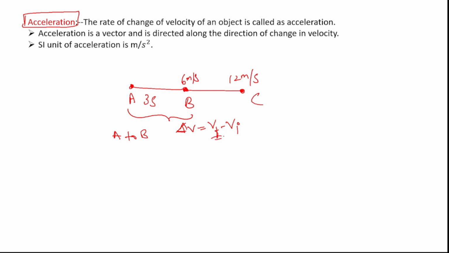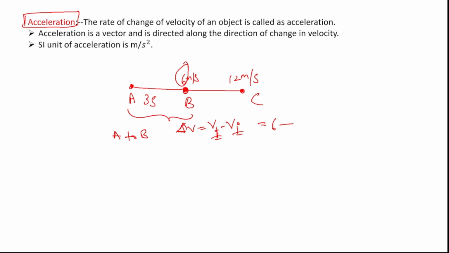Vf is nothing but the final velocity of that particular moving car or object. So in this situation it is 6, because the final point is B. At this point what is the velocity of the car? 6, right? So we will write 6 minus Vi, that is the initial velocity.